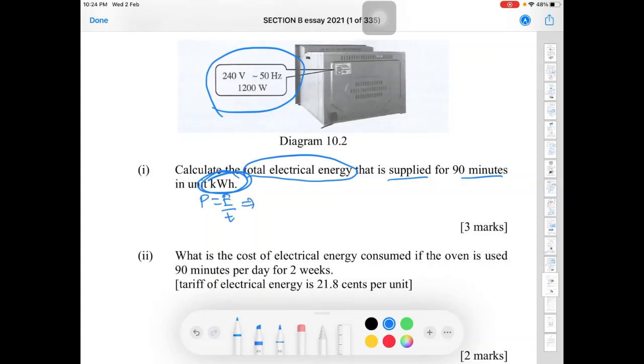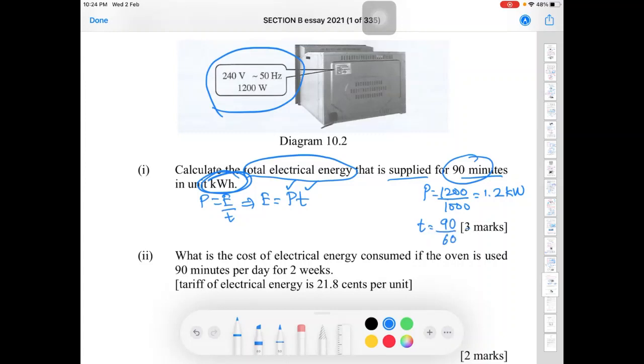Jadi energy, ingat power equals to E over time. So energy akan jadi P darab T. So power ni mesti dalam kilowatt, time mesti dalam hour. Tapi dia bagi kamu dalam minit. Jadi kamu kena tukar kepada hour. Jadi power kamu 1200 tukar kepada kilowatt bagi 1000, you akan dapat 1.2 kilowatt. Jadi hour pula, time kamu nak tukar 90 bahagi dengan 60 lah.